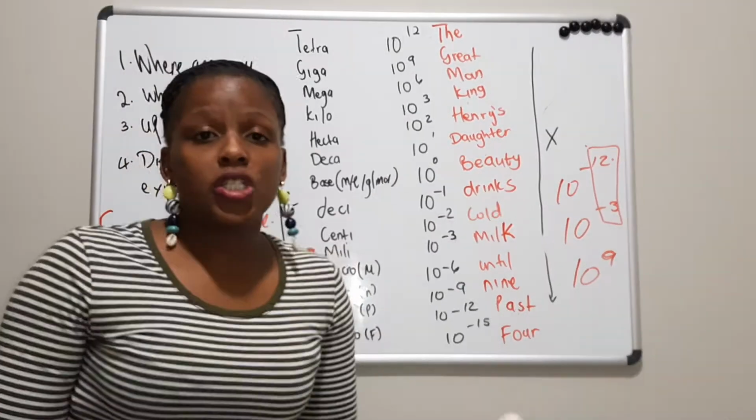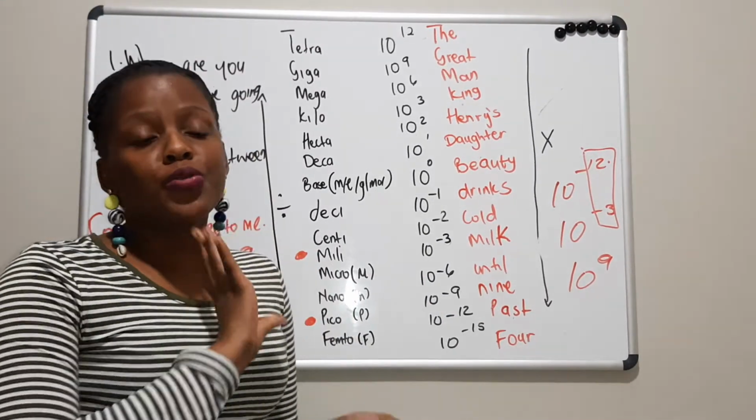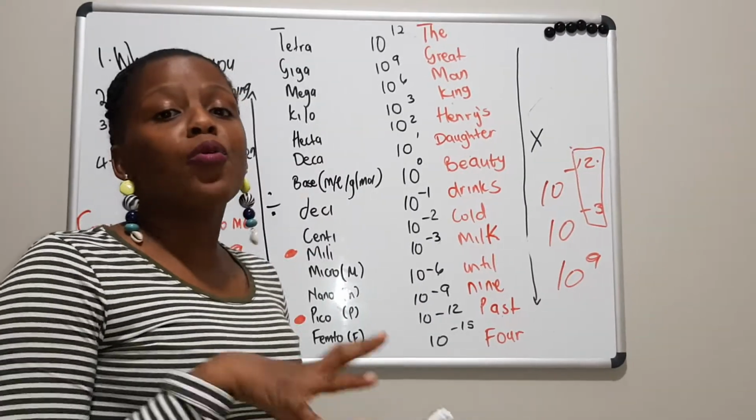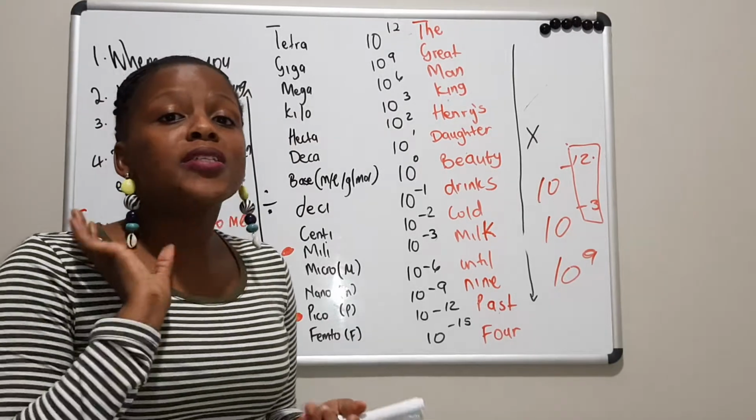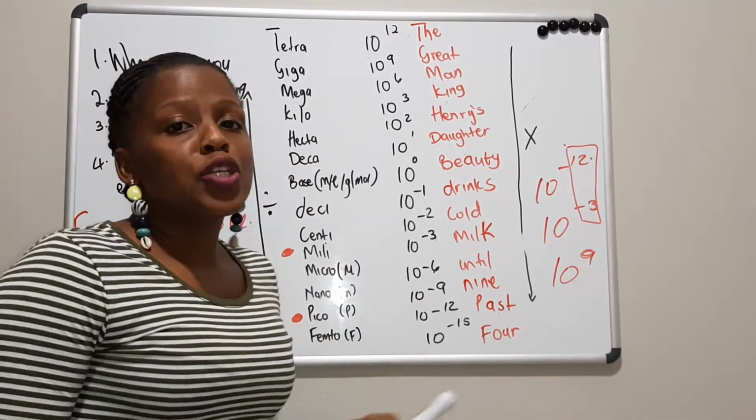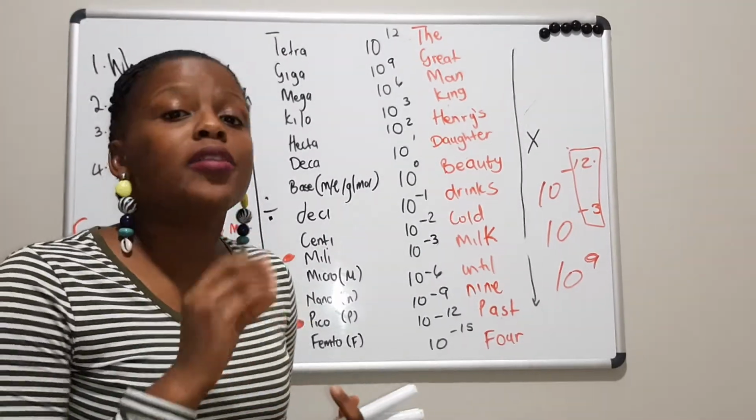So now what I'm going to do is write the homework that I'm going to give you. May you please do it, and make sure that you write down your answers there in the comment field.